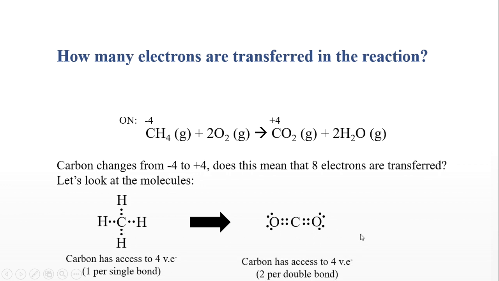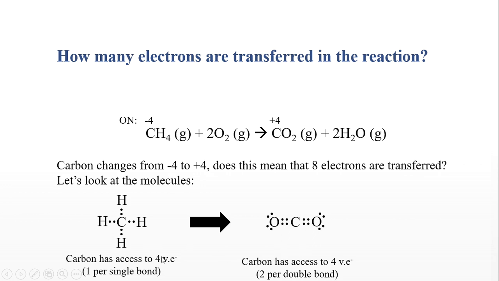Over here, carbon also has access to only 4 valence electrons of its own, right? Since it shares, it gets access to 8, therefore reaching a noble gas configuration. But only the innermost electrons here actually belong to the carbon. So these 2 and these 2. So 2 per double bond.